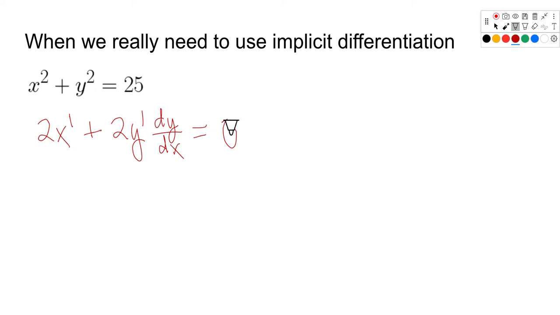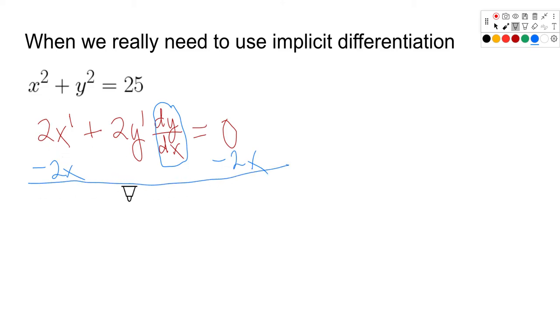But we're not quite done. Now all we need to do is solve for dy dx, and that's going to give us what the derivative is supposed to be. So solving for dy dx, we want to get it by itself, right? We're going to subtract 2x from both sides, and so we end up with 2y dy dx equals negative 2x.